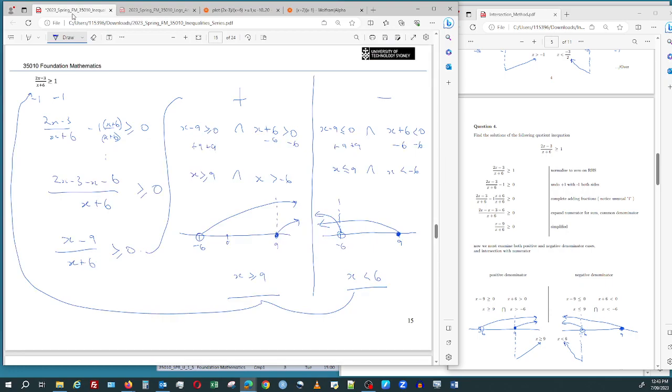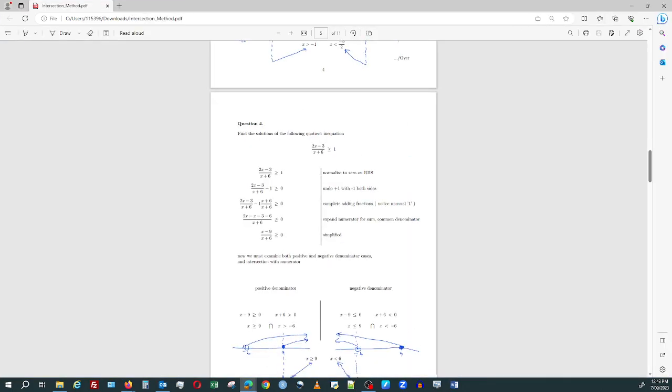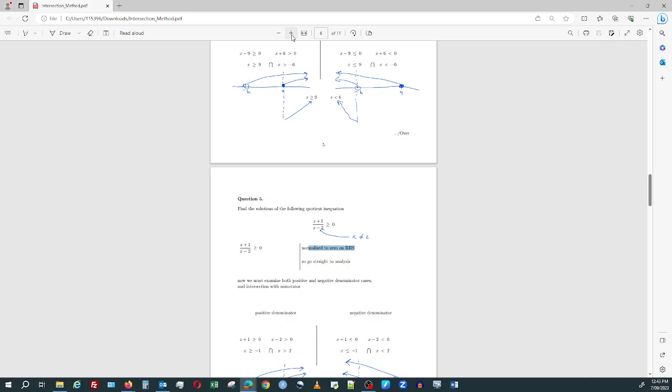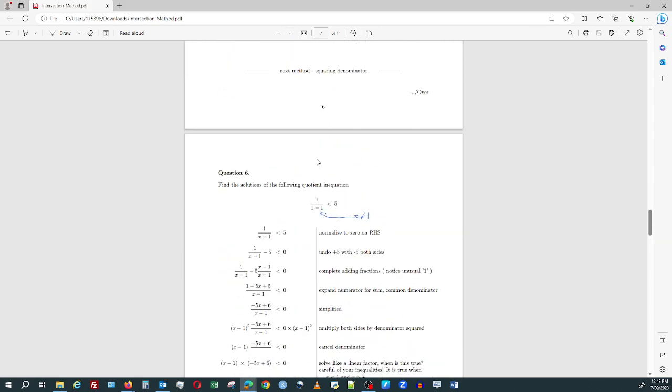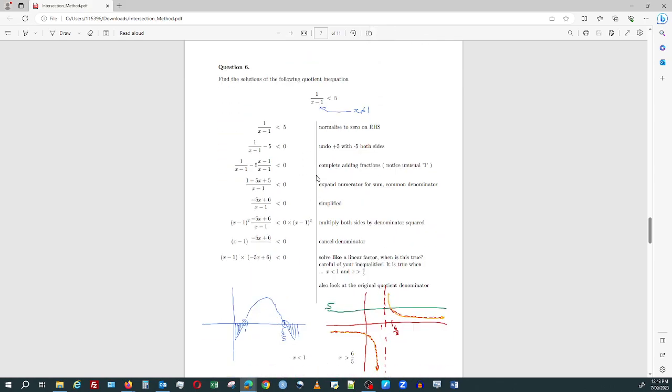Now, in this method also, I've put into play another common way of doing this in the HSC, which is squaring the denominator. So this is an alternative method. If you've done it and you wondered what it was all about, you might want to have a read through that as well.